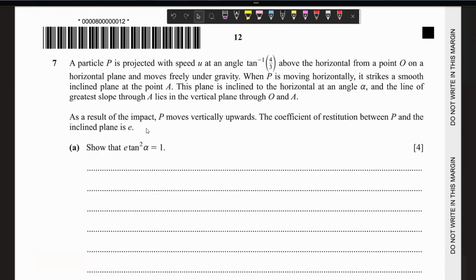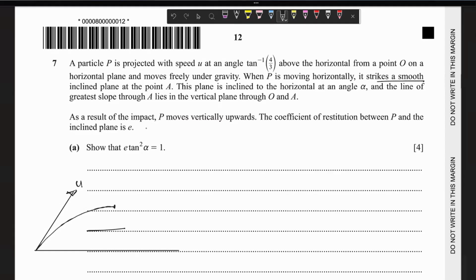All right, so let us look at the situation. We have a horizontal plane, we have a particle projected with a speed u meters per second, and it travels. But when it is moving horizontally, that means that when it reaches its maximum height, they say that it strikes a smooth inclined plane.